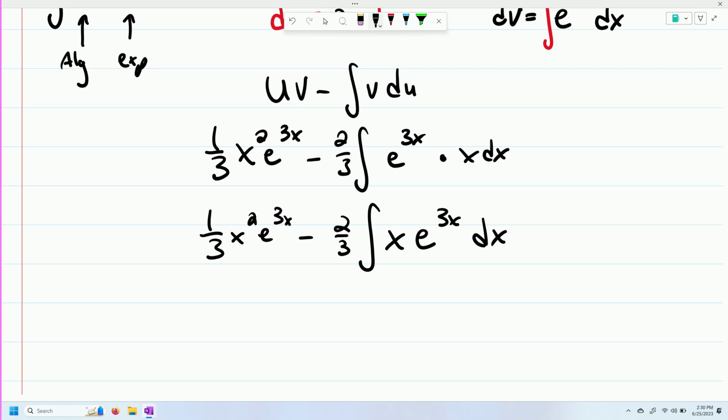Now when you go to integrate this again, notice this is a product, x times e to the 3x. So you're going to have to do integration by parts again. We have no other options about this. So we're going to go ahead and do this, and you'll see just how large these problems can get.